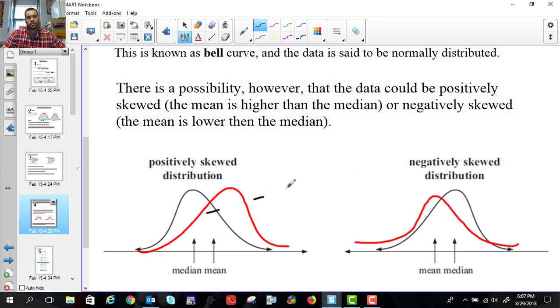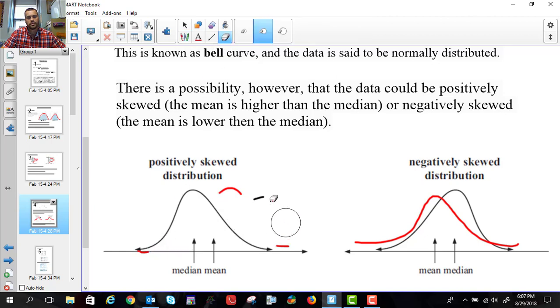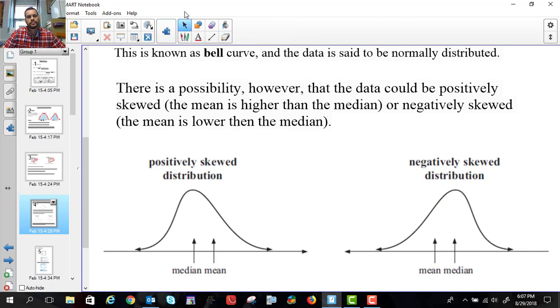All right, so I'm not sure why I have two curves on here. Let me just get rid of this one. But you can see positive and negative skew, what they look like, and they're just bent in a slightly different way. This is not directly in the middle, and they're not symmetrical on either side.